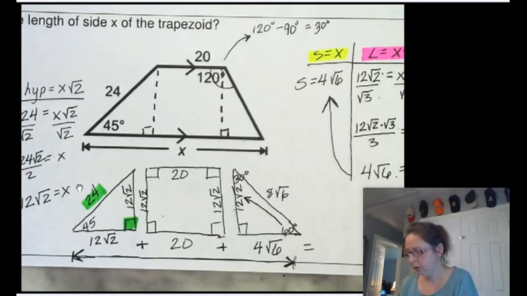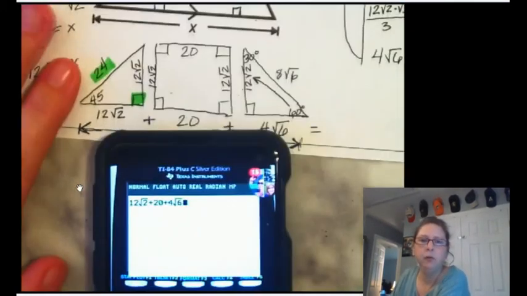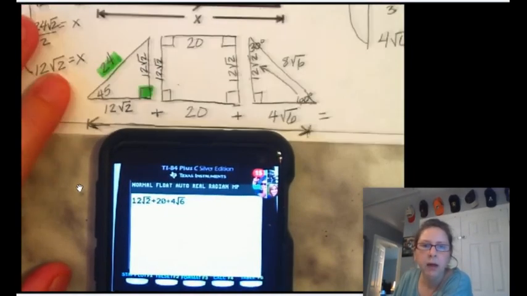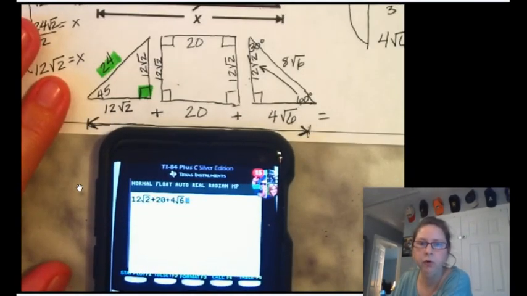Okay, 12 square roots of 2 plus 20. All right, and so here is my calculator where I have just typed in 12 square roots of 2 plus 20 plus 4 square roots of 6.